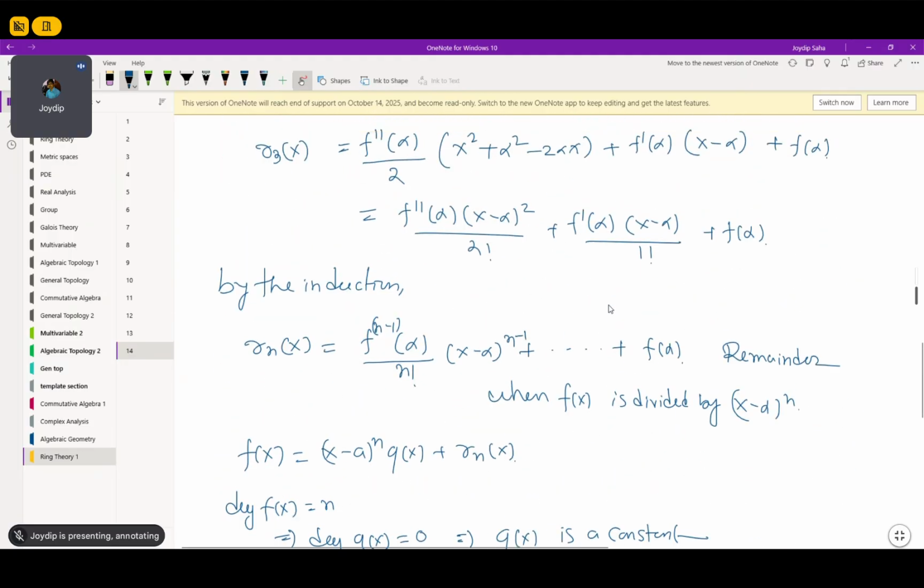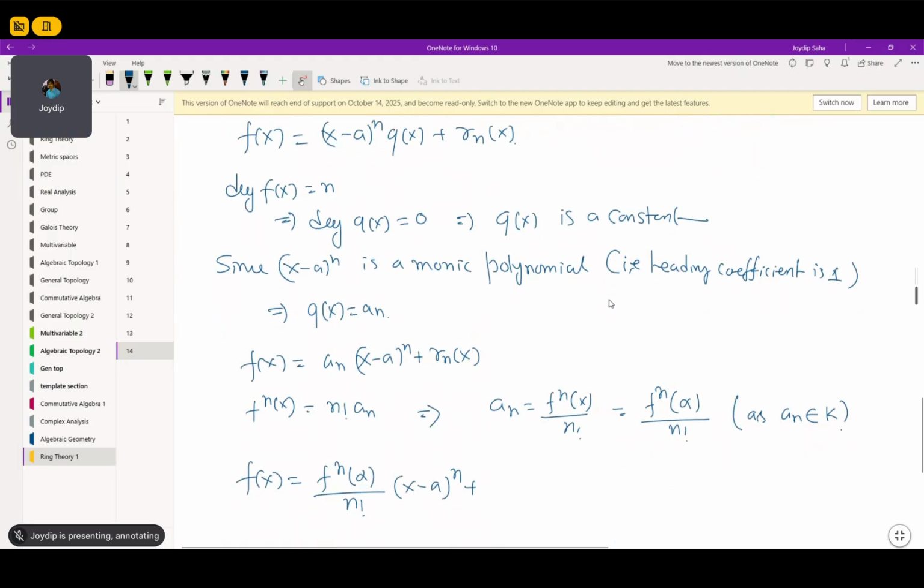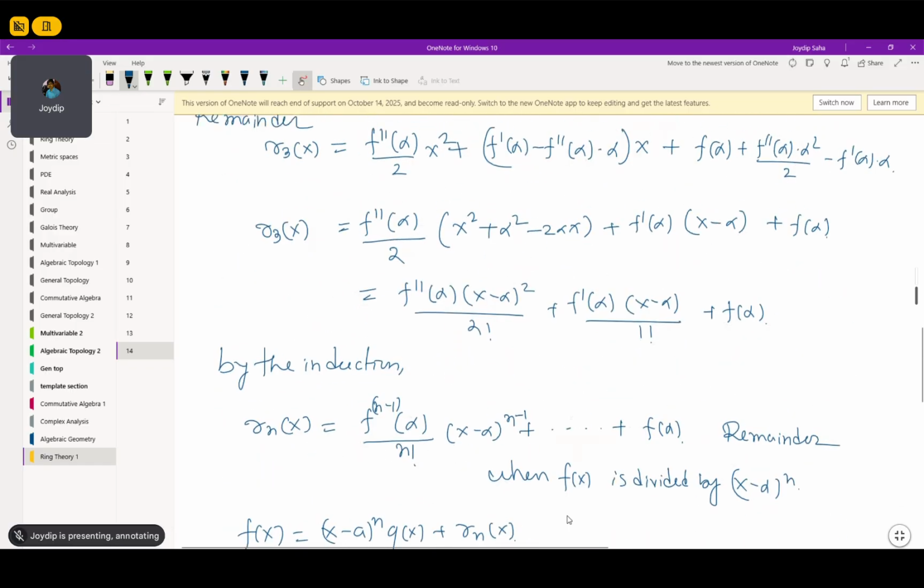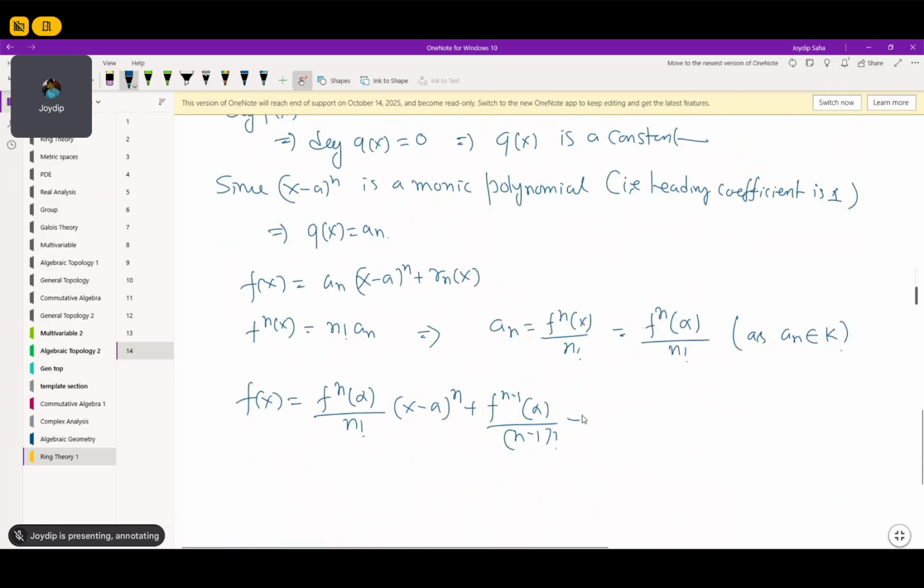This is your value of rn: f n minus 1 alpha by n minus 1 factorial, oh, this is n minus 1 factorial, one less, this is 2 factorial. So at last f alpha. This is called Taylor expansion.